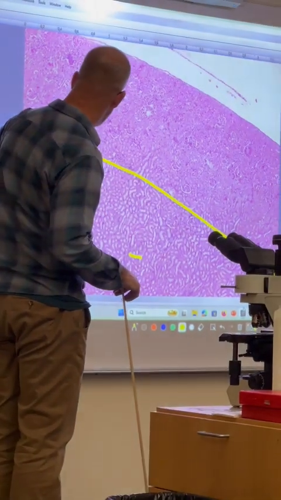The tissue changes character. There are a couple of glomeruli below my line. It's not a hard line, but it's pretty darn close. So that makes this my cortex, and this area, generally speaking, my medulla. So the very first thing we should do on our slides right now is identify the difference between the renal cortex and the renal medulla.